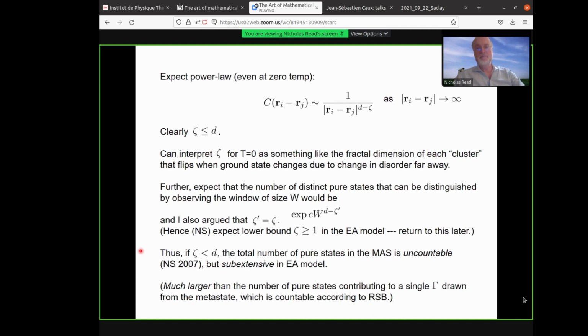So if zeta, or zeta prime, is less than d, then the total number of pure states in the metastate average state grows exponentially as a power of W. And this strongly suggests that the total number in the metastate average state, as W goes to infinity, is uncountable. So it's uncountable, but it's subextensive in the sense that zeta prime is less than d, or bigger than 0. Zeta prime bigger than 0 means subextensive.